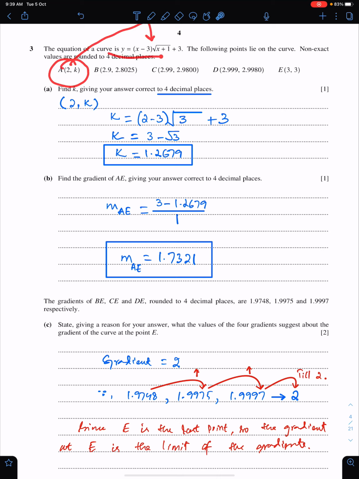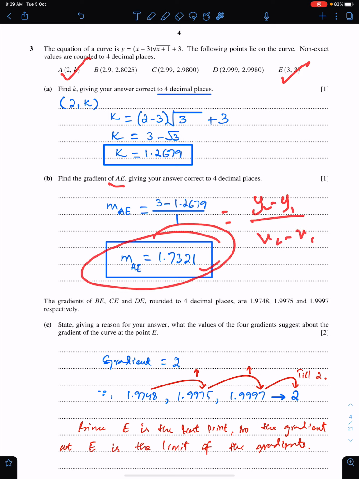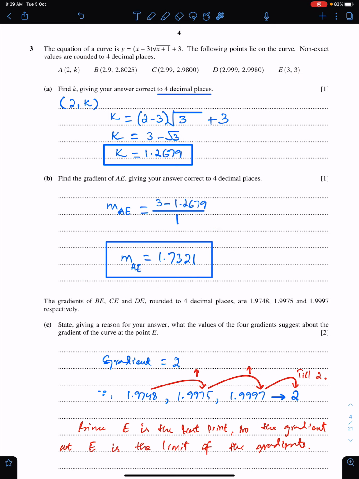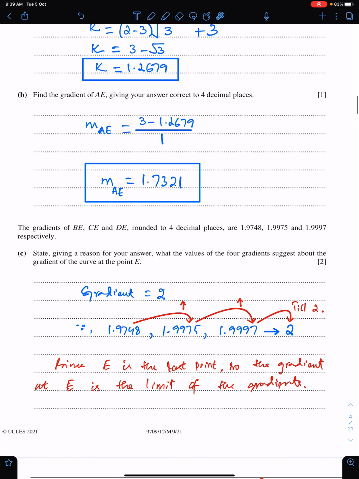Part B, find the gradient of AE. So we have A, we have E, we can easily get the gradient by using this formula, y2 minus y1 over x2 minus x1, and give your answer up to 4 decimal places. The last part of this question. The gradients of BE is this, CE is this, and DE is this respectively.